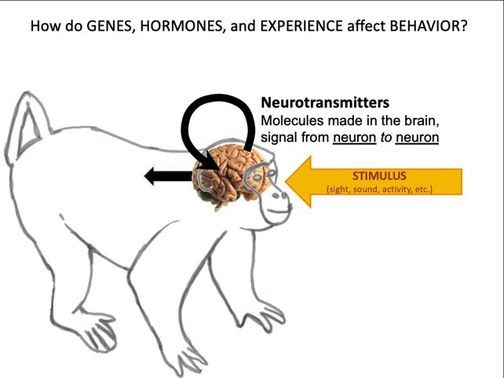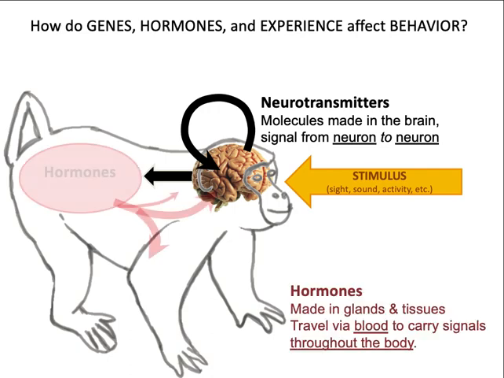So often the brain will send a signal through the nerves that run throughout the body to other organs and tissues. And some of these organs and tissues may produce hormones in response to those signals. And so hormones are made in glands and tissues and travel through the bloodstream to carry signals throughout the body, right, from organ to organ, so to speak.